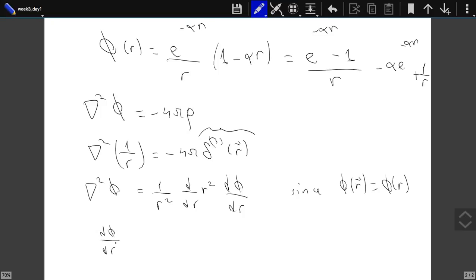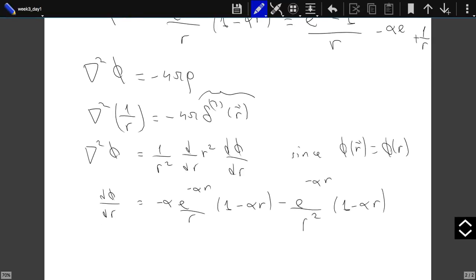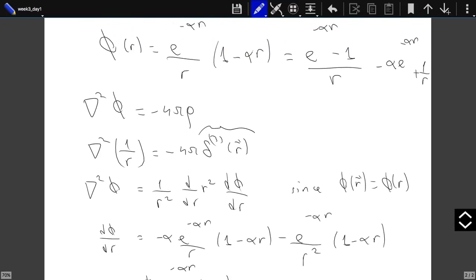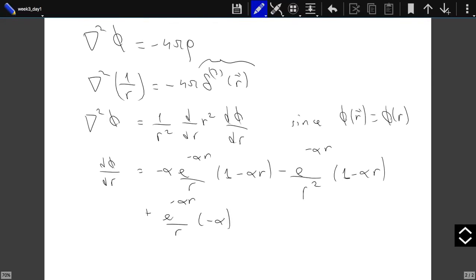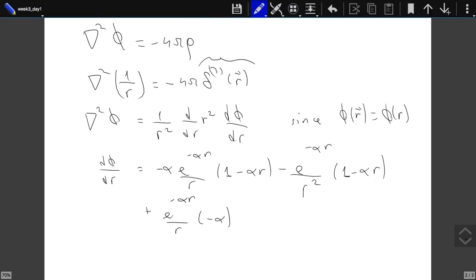Okay, d phi by dr. We already know its expression, so this is equal to minus alpha, the derivative of the exponent first, plus or minus e to the power minus alpha r over r squared plus e to the power minus alpha r over r times minus alpha. So this is the first derivative.